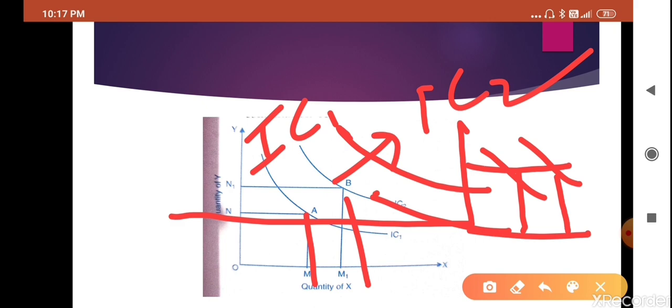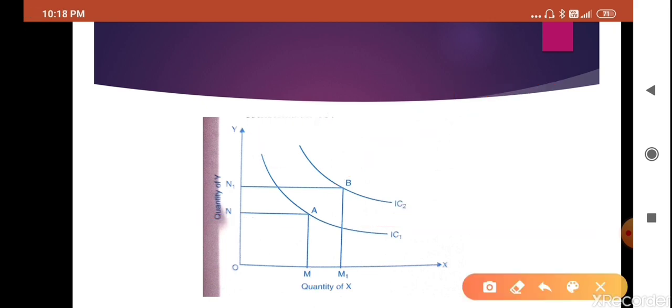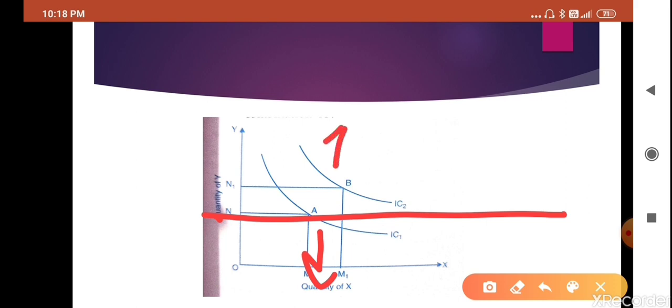I will repeat this so you understand. See here, IC1 and IC2, suppose we have this line, this is lower, this is higher one. So the highest indifference curve has a higher level of satisfaction.